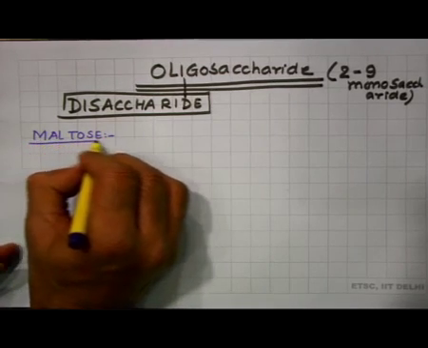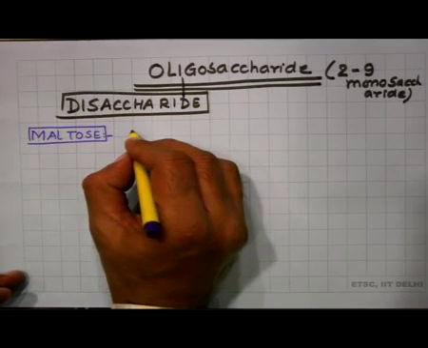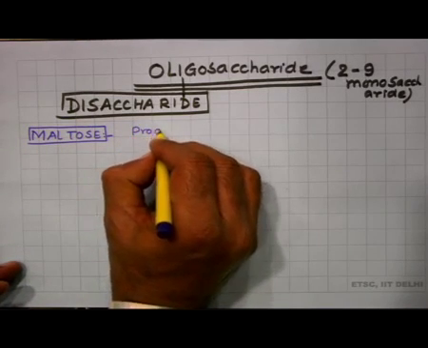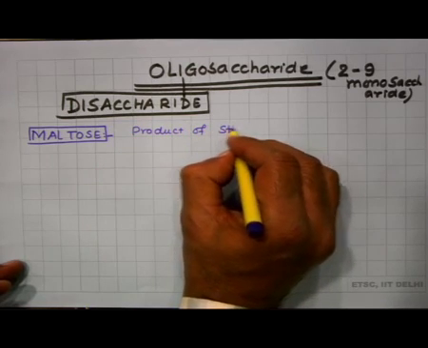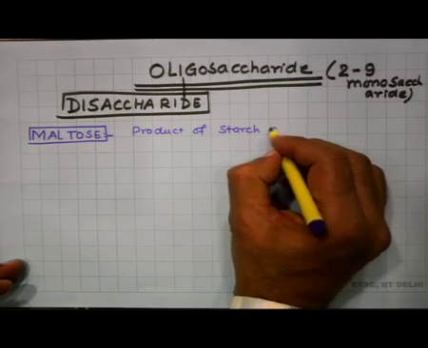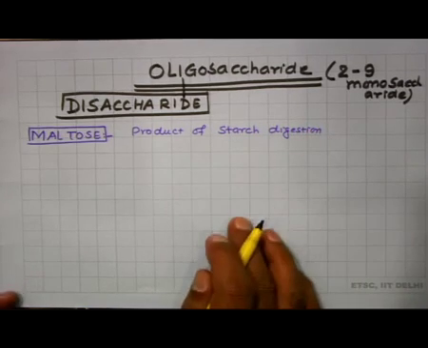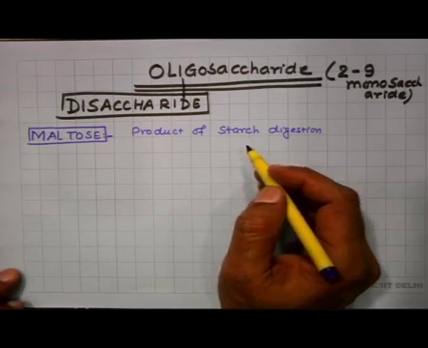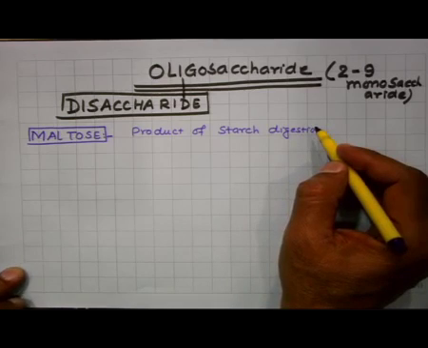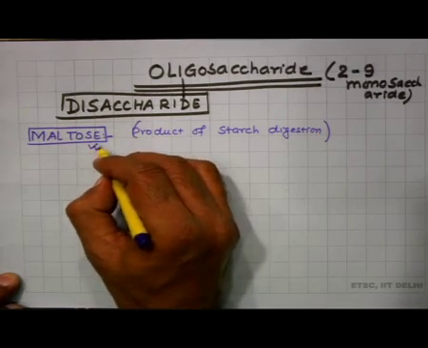Maltose is a disaccharide which is a product of starch digestion. Starch is a type of carbohydrate, a polysaccharide which after digestion undergoes hydrolysis with the help of different types of enzyme, and forms maltose as a product.